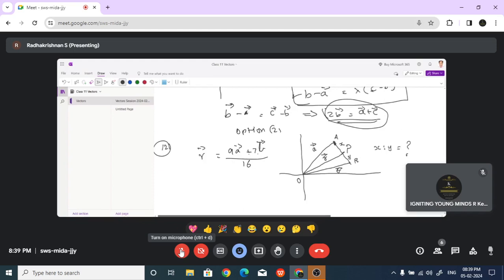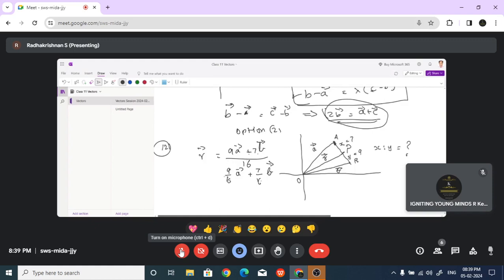R is to A, sir. Yeah. See, this is 9 by 16 A plus 7 by 16 B. Let's say 9 by 16, 7 by 16, they add up to 1. So 9 by 16 of A and 7 by 16 of B. So this is 9 and this is 7. Okay.